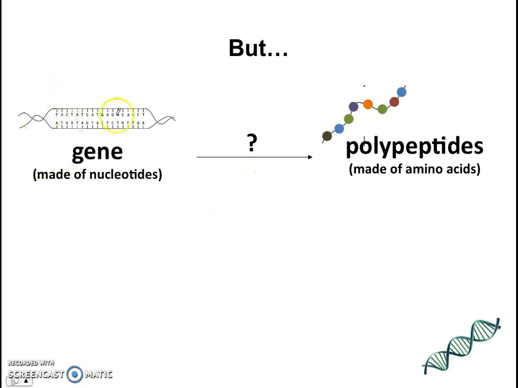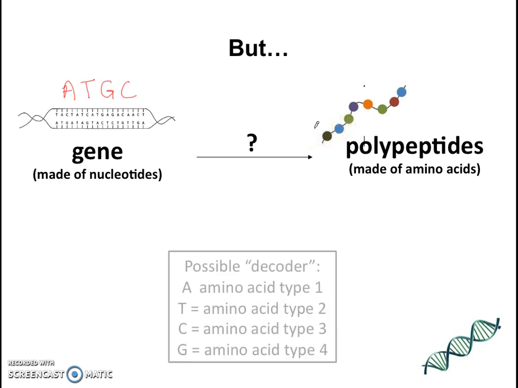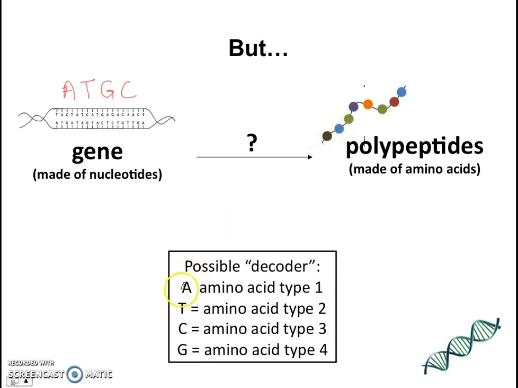So you might imagine that, let's say the gene has a sequence like A, T, G, and C. How does this code for a polypeptide? You might imagine a decoder that works a bit like this. If the nucleotide is A, it codes for amino acid type 1. So if there's A here, then the first amino acid in the polypeptide will be the type 1 amino acid.